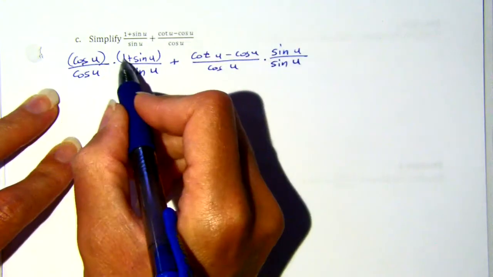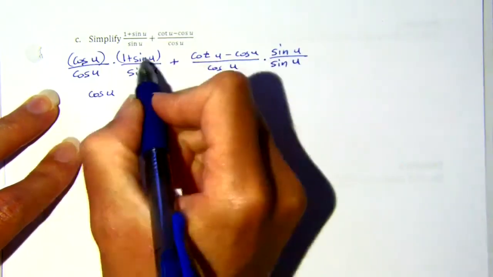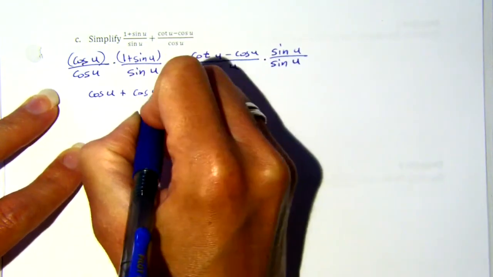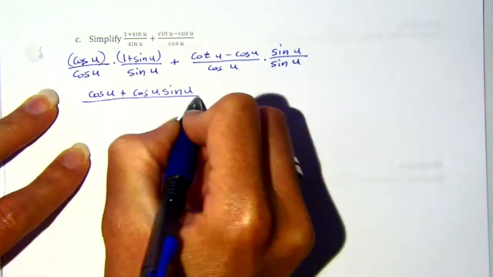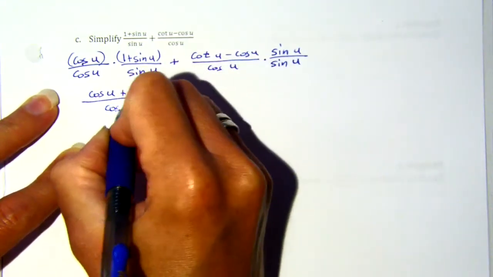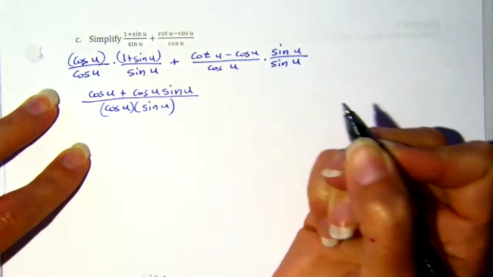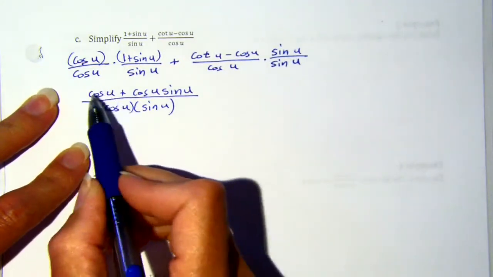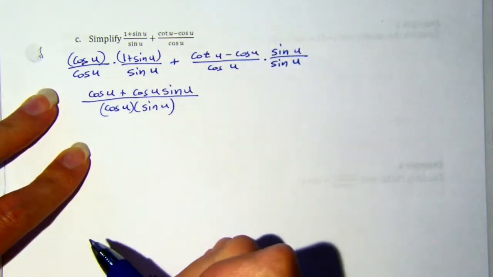So cosine of u times 1 leaves us with cosine of u. Cosine of u times the sine of u leaves us with cosine of u times sine of u. And then in the denominator we have cosine of u, sine of u. Now notice, you cannot cancel these. This is a sum. We can't cancel things in a sum.